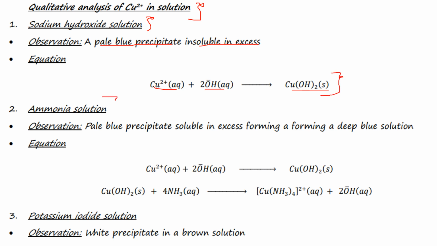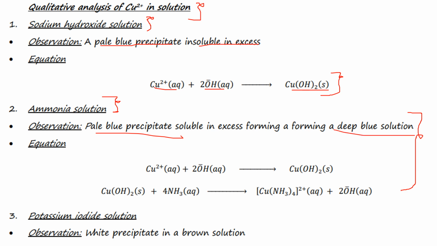But when you put in ammonia solution, the pale blue precipitate is going to dissolve to give a deep blue solution, and this is something that you have been covering ever since your O level. So the observation is a pale blue precipitate soluble in excess, forming a deep blue solution.